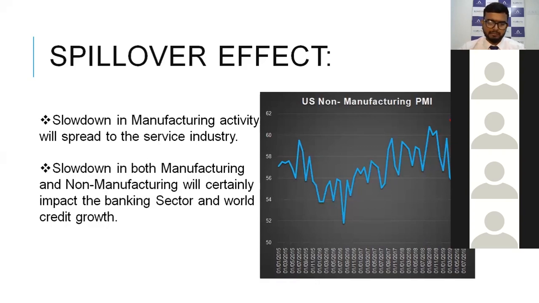Companies involved in manufacturing and non-manufacturing may not be able to repay their loans, or they might stop their production activity, or stop their capital expenditure. So this will eventually end up in a recession kind of situation.